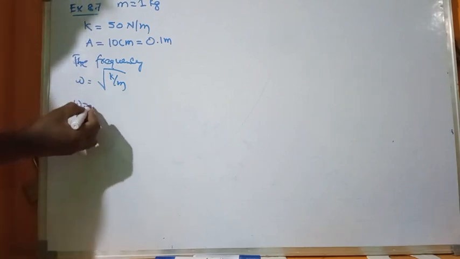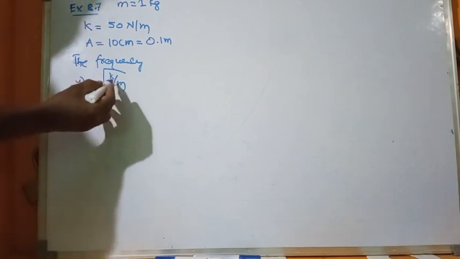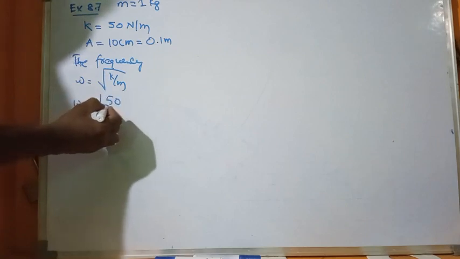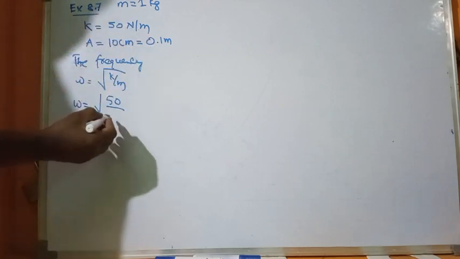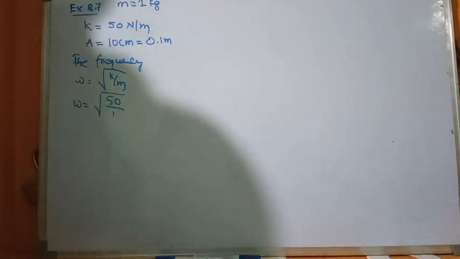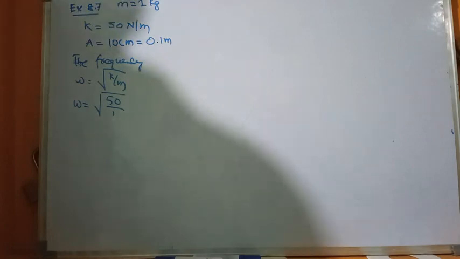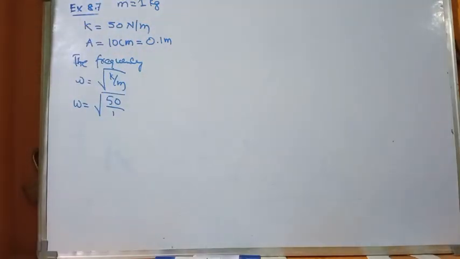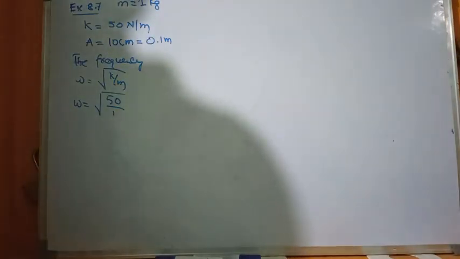That is omega is equal to the square root of k, which is 50, and mass m is equal to 1, that is 50 by 1.